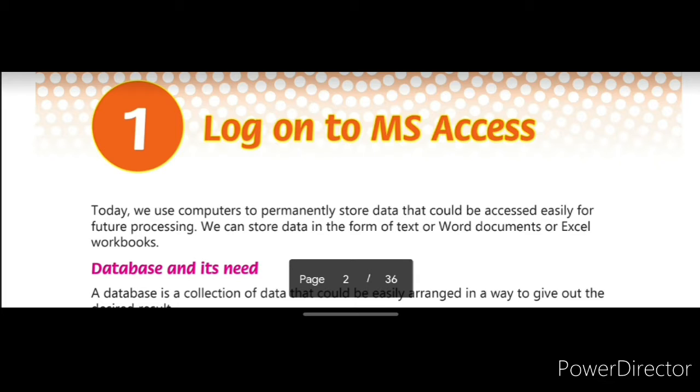Before going into the lesson, I would like to share a few details regarding computer and computer science. I hope you are all aware of the basic things regarding computer science. Let me have a quick recap of what you studied in your previous class.